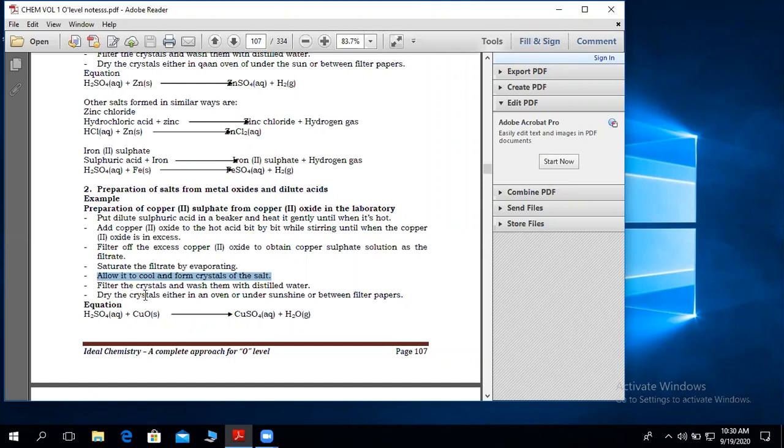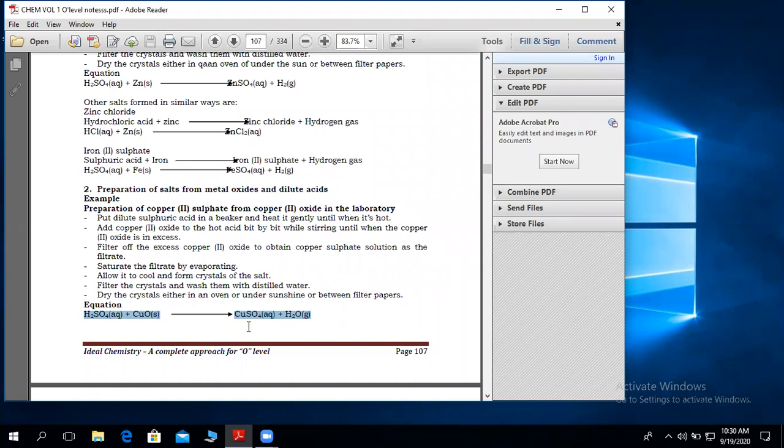I told you to ignore the oven because not every lab contains an oven, but every lab contains a filter paper. So dry the crystals by placing them between two filter papers. And finally, we write our equation and we get the marks. Copper 2 oxide plus sulfuric acid, we get copper 2 sulfate plus water.